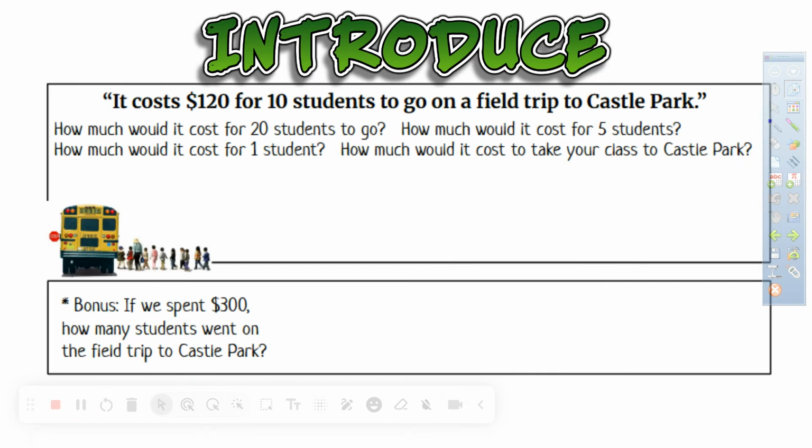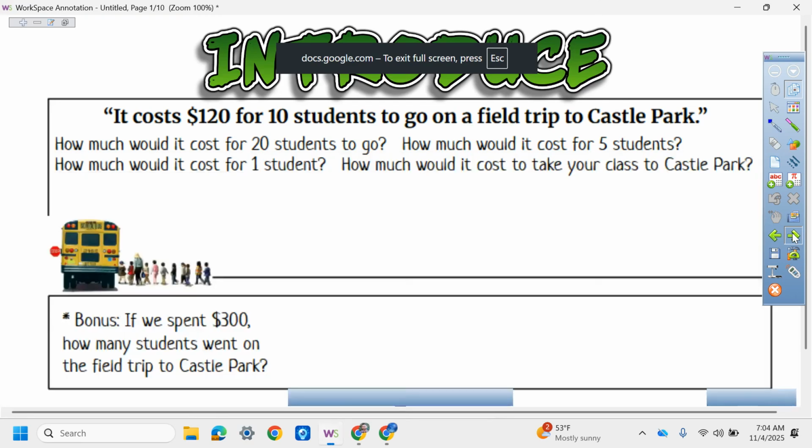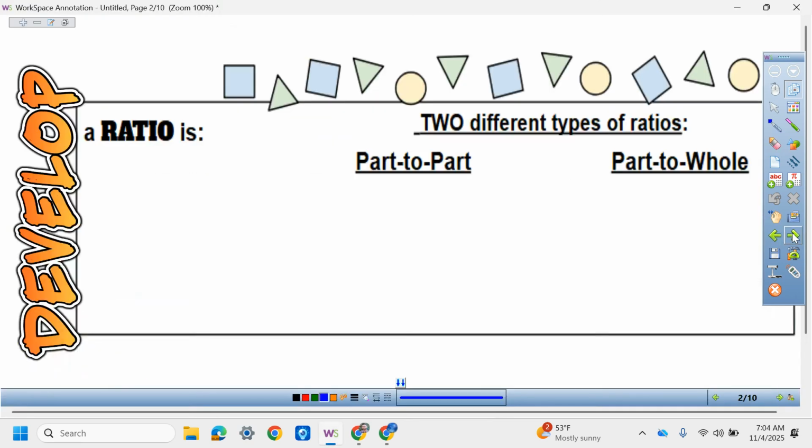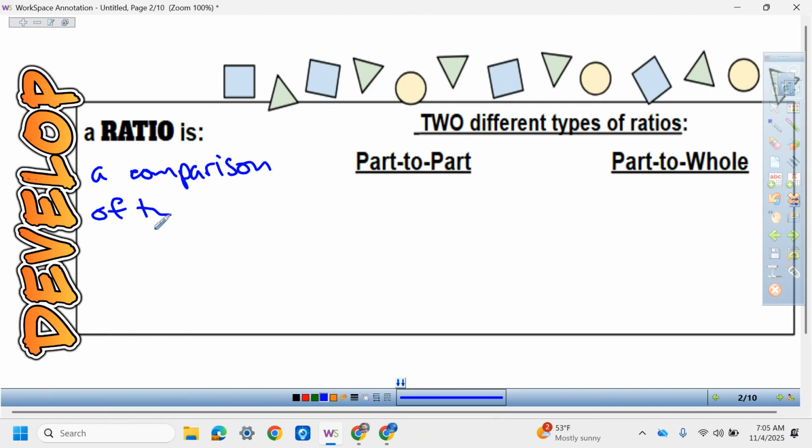So to develop this understanding even deeper of what ratios are, let's start by looking at the definition. A ratio is simply a comparison of two or more values.